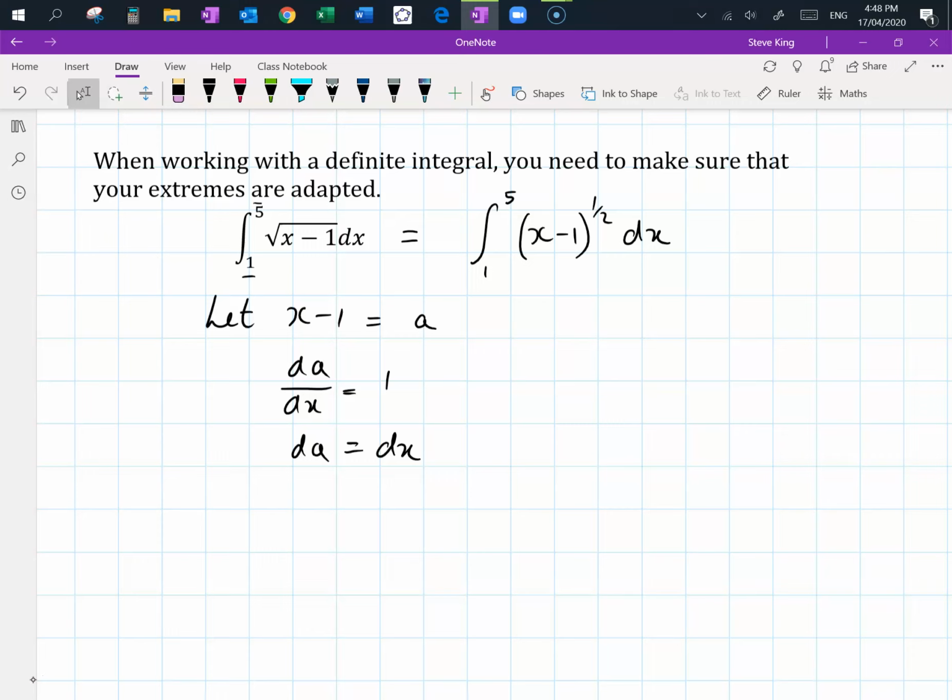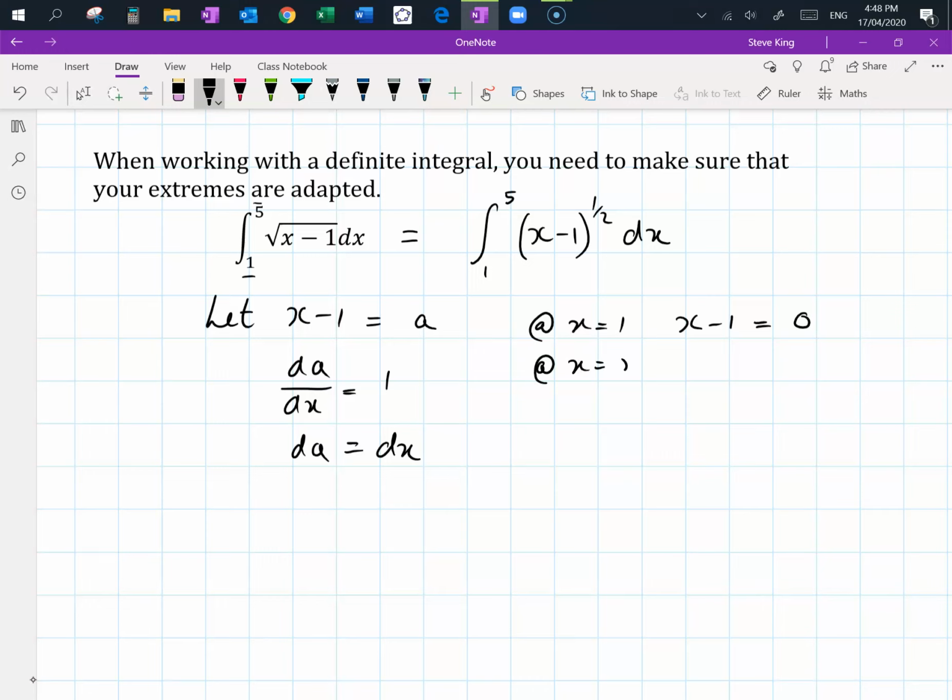However, we also need to consider what is happening with this thing, x minus 1. So at the point when x is equal to 1, x minus 1 is going to equal 0. So that means our lower bound is going to change to not 1 but to 0.